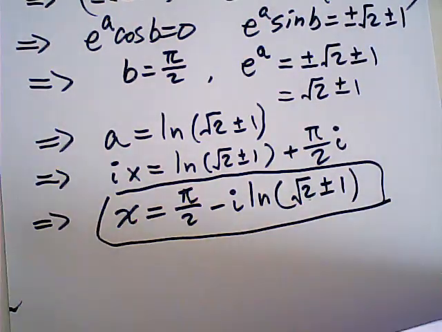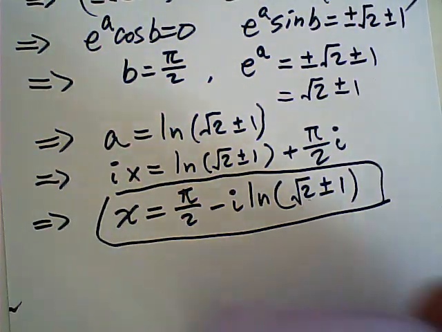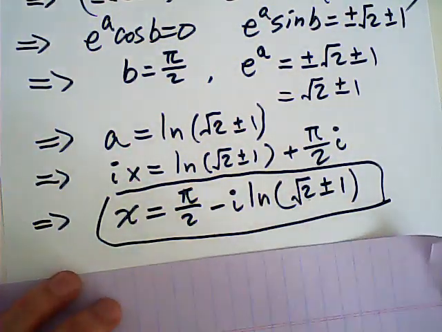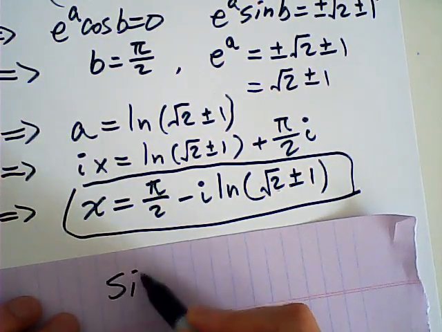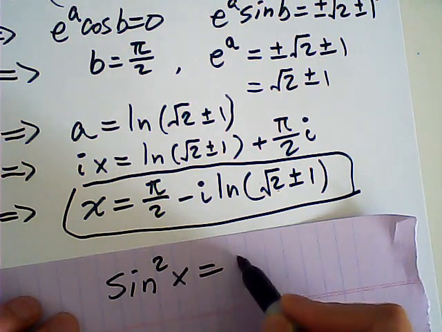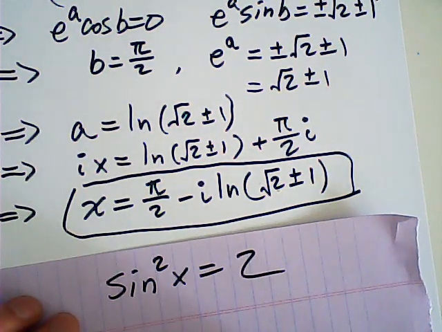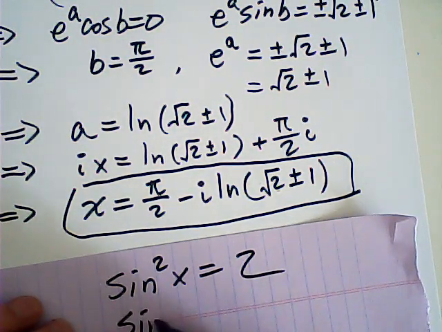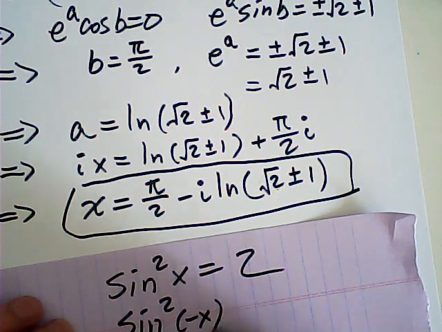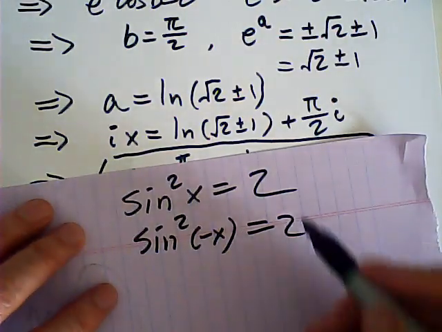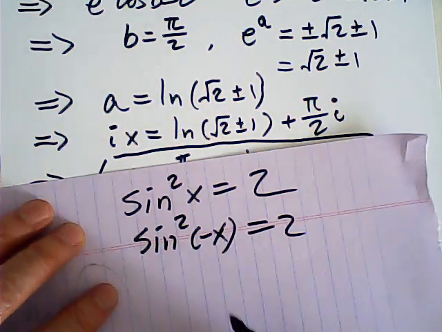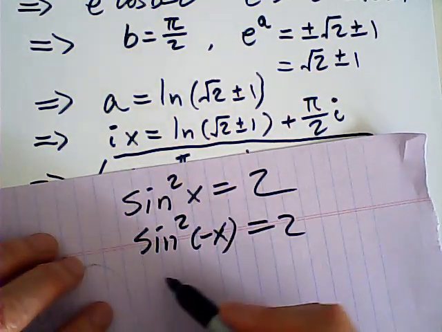Now, we have sine squared x equal to 2, right? Then sine squared of a negative x is also equal to 2, right? Because squaring, negative is the same thing.